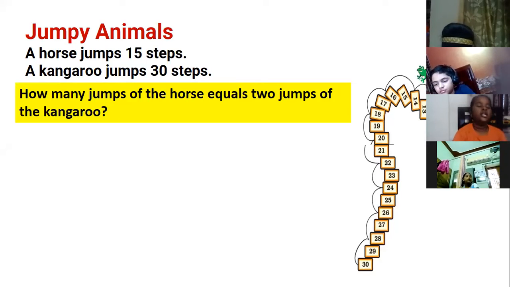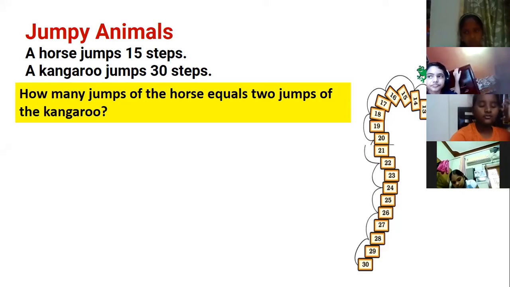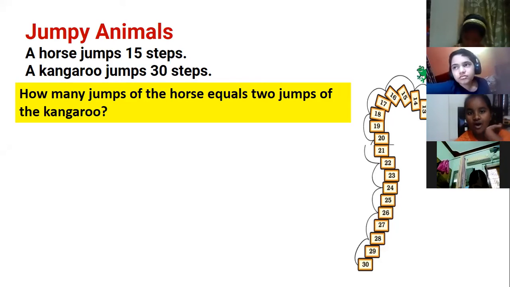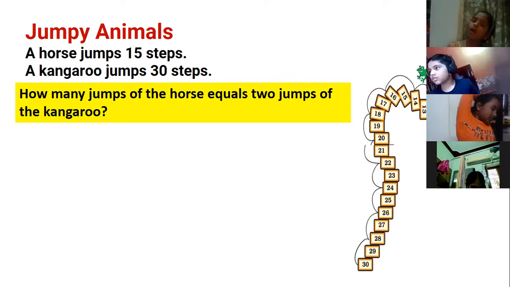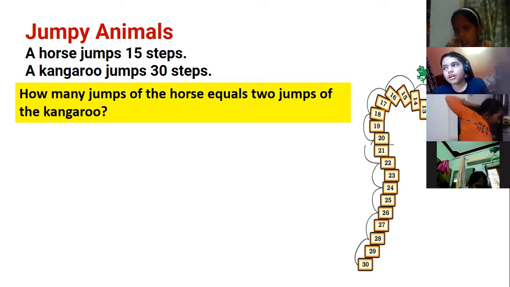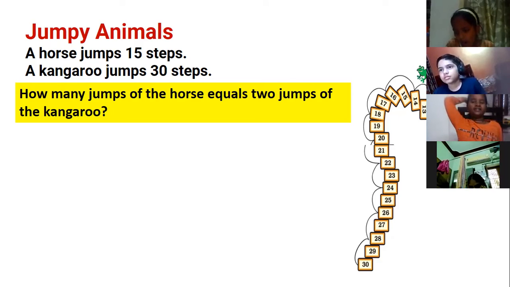So how many jumps will the horse take? 4 jumps. Kangaroo will reach 60 in 2 jumps. Okay, so then total is 60 steps.